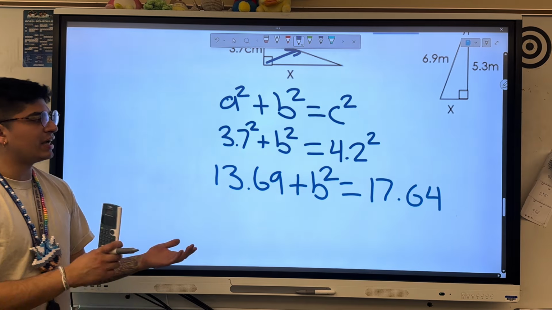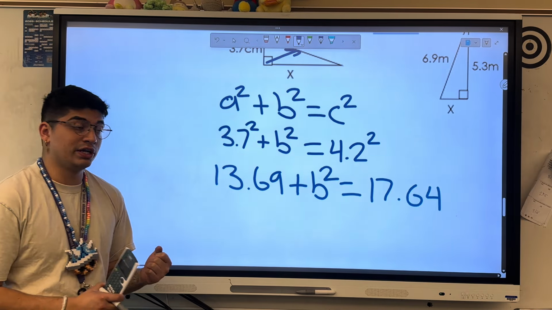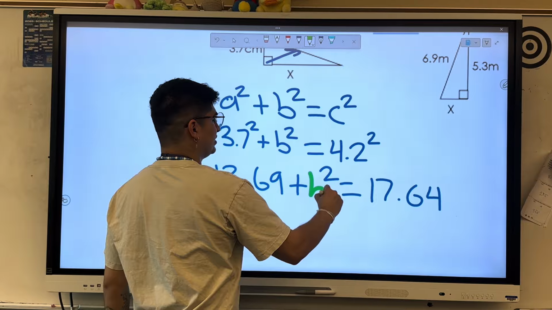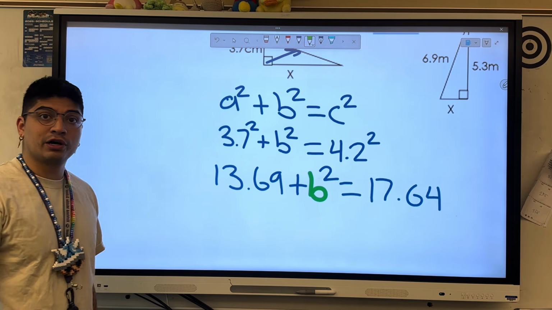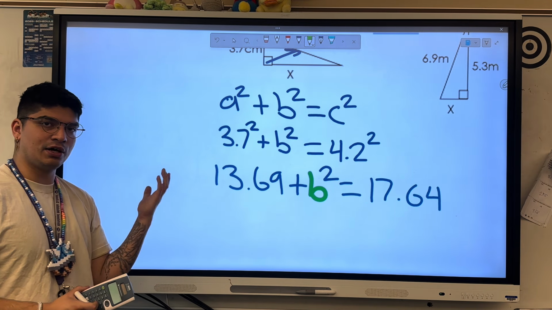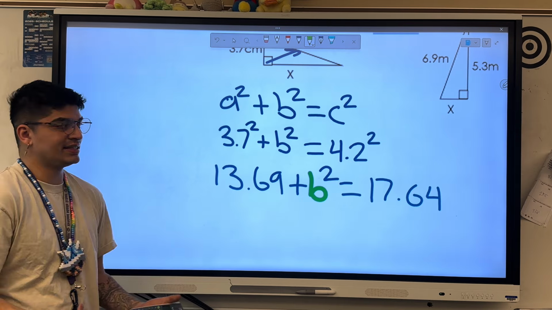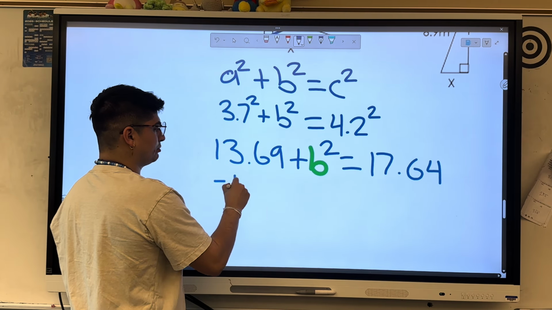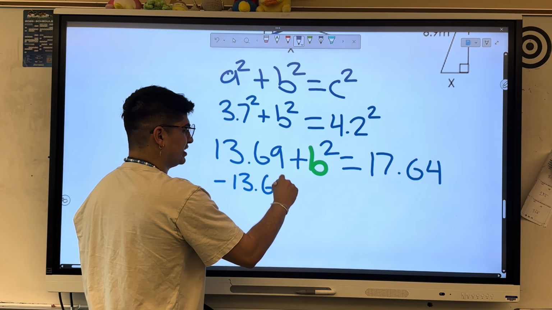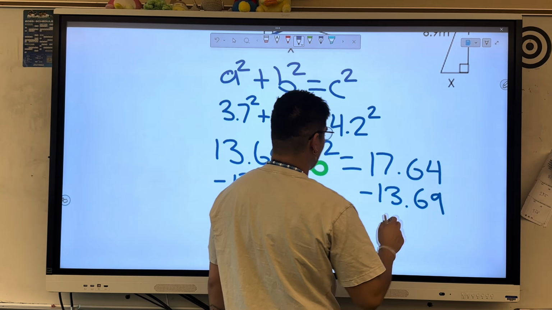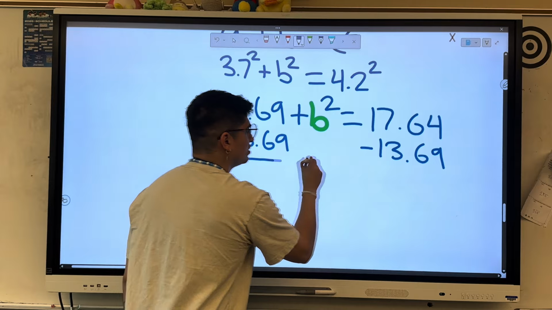So look what we have here, right? I'm still wanting to solve for this b. This b is what I'm looking for. So I need to solve for it. So I need to get rid of anything that's on the side of b that isn't needed. So solving for b, I would have to subtract 13.69 on both sides.